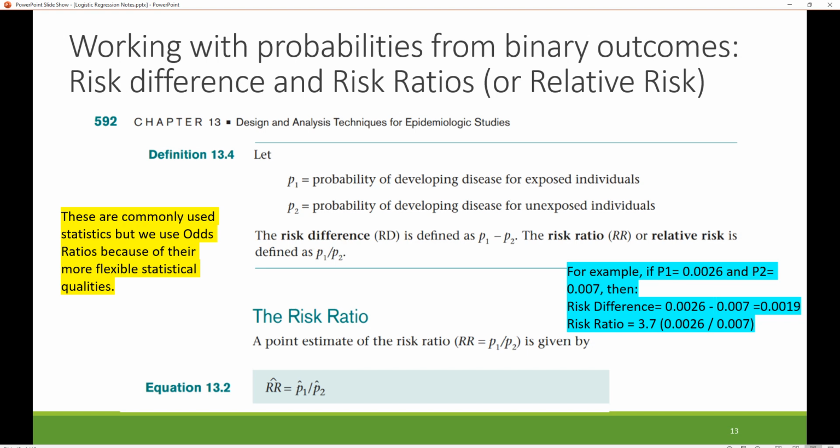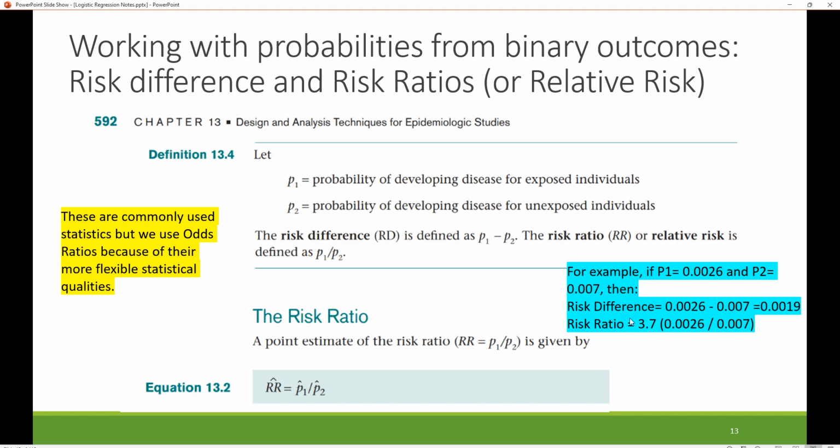We can work with probabilities from binary outcomes. One way that we do it is through the risk difference and risk ratios. For example, on the right side, P1, the probability for group 1, might be 0.0026, and the probability for group 2 would be 0.007.